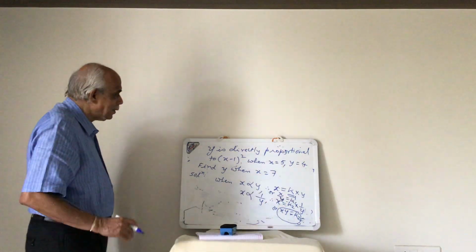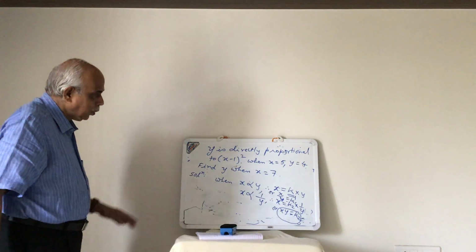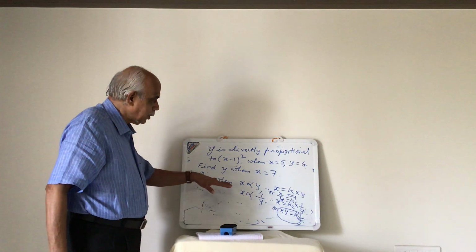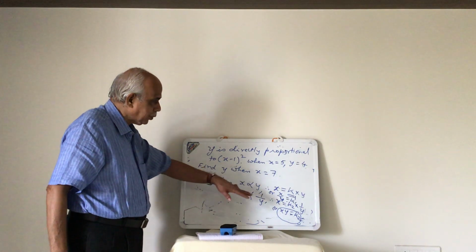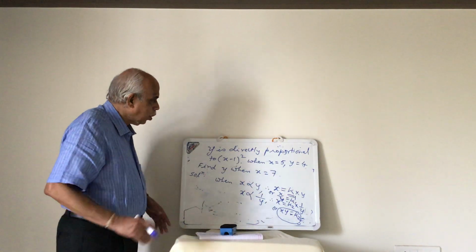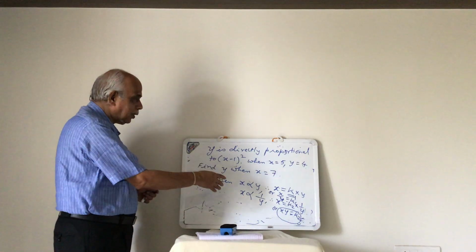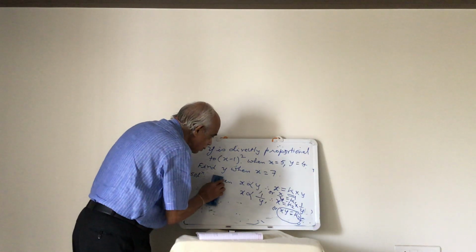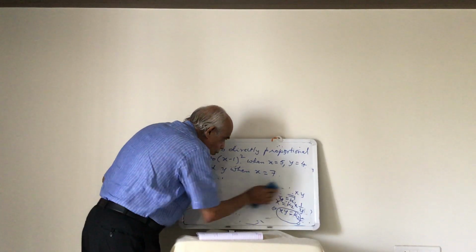So this is basic fundamentals. Remember how to use this proportionality sign and constant; when you remove this proportionality sign we substitute by constant value. So now let us use this to solve this sum, using this information and background.